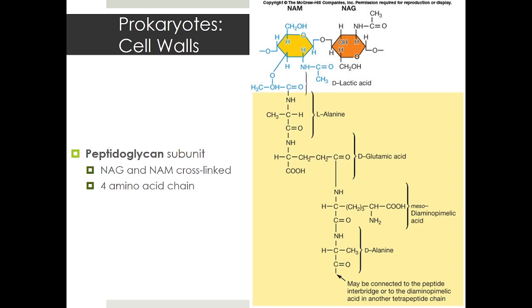When we look at peptidoglycan subunits that will assemble into very long polymers, you'll see that they all have NAM and NAG cross-linked to one another, as well as an amino acid chain. These amino acids can be different depending on the species, but the peptidoglycan makeup always consists of these sugars and a variety of different amino acids that link together again to form that mesh-like network.